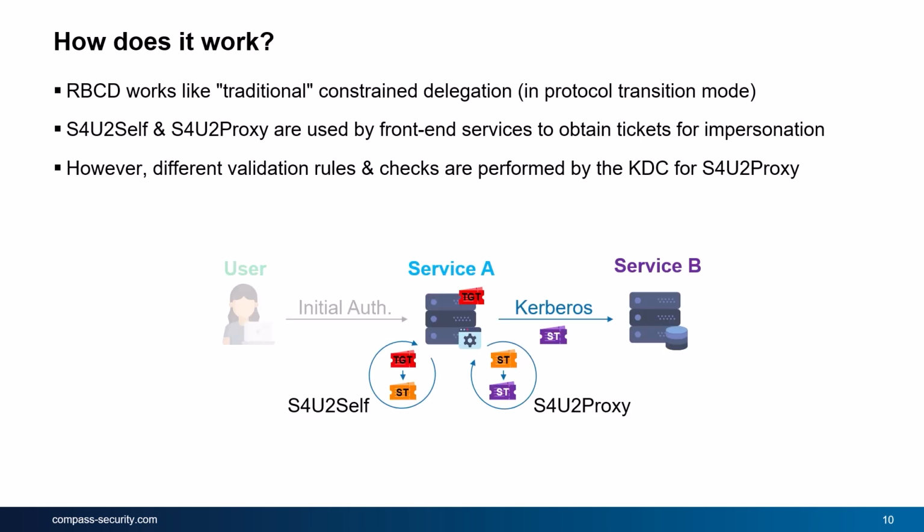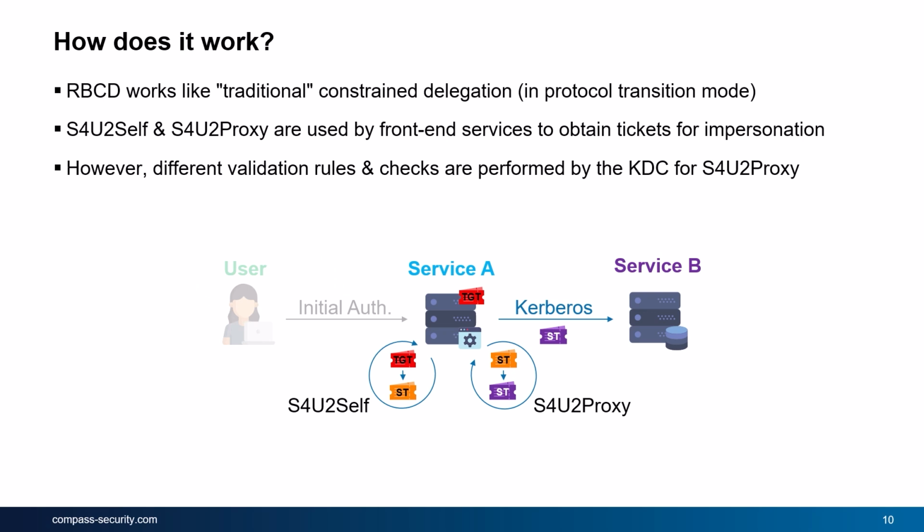So just as a short recap, when we have a user, now the user is grayed out here a bit because it's not strictly required. The service that is allowed to perform the delegation, so the front-end service, can initiate the impersonation process on itself, as we've already seen when we looked at constraint delegation in protocol transition mode. But for normal operation, of course, usually there's a user connecting to the front-end service.